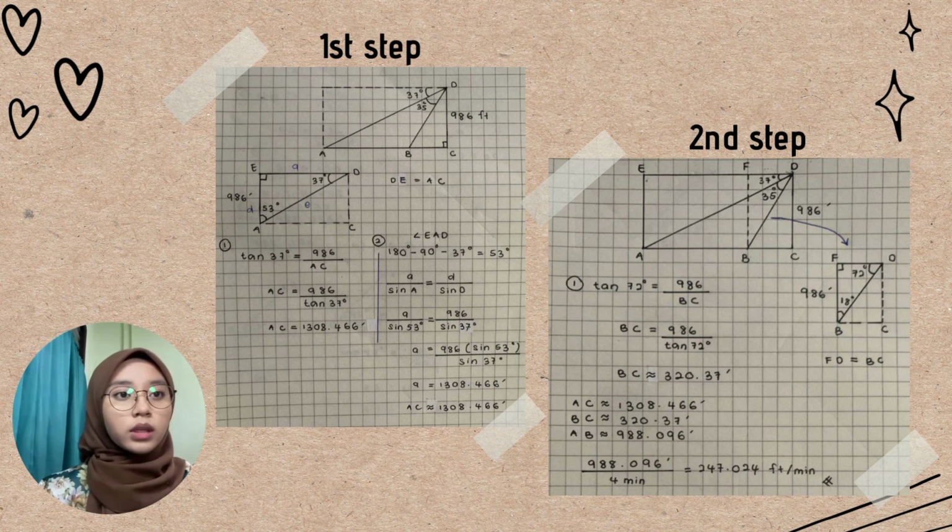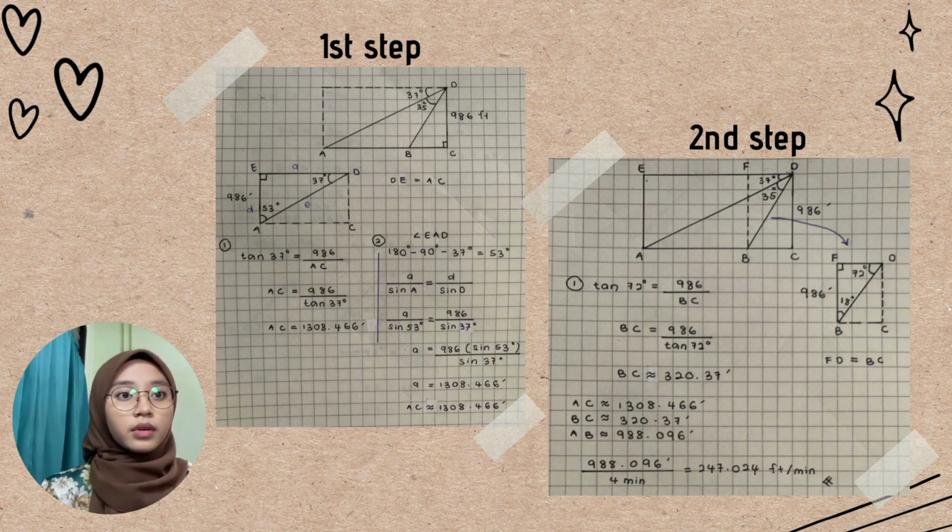From the new diagram, we can get tan 72, which is 37 plus 35, equal to 986 over BC. So for the answer, you will get BC is approximately equal to 320.37 feet.